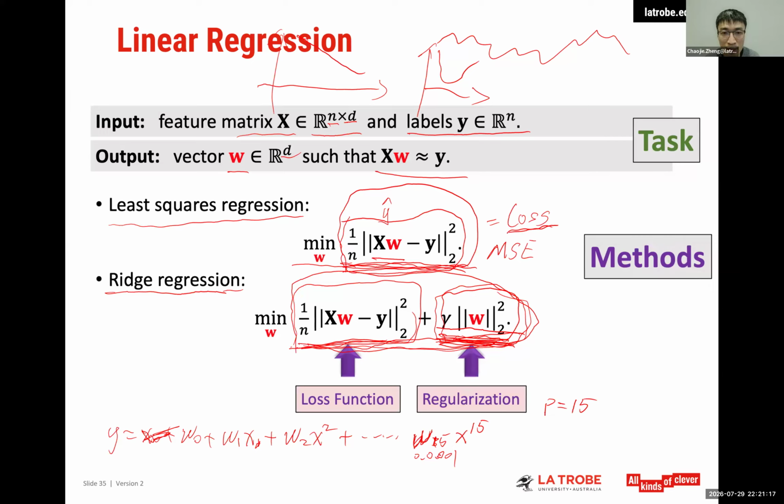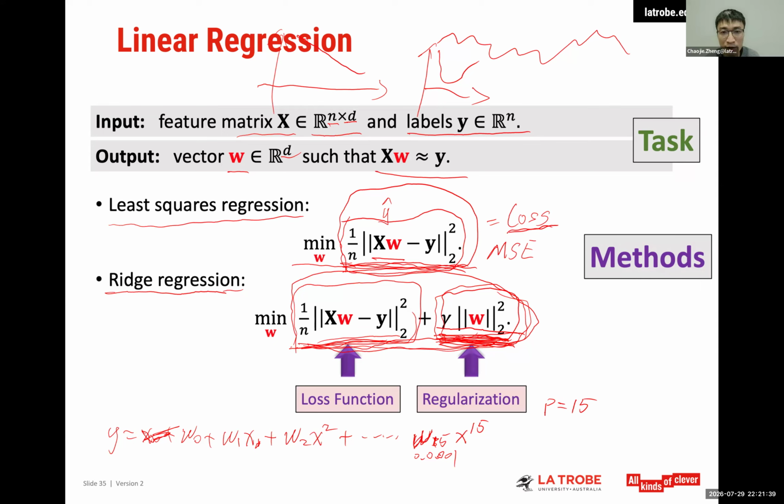So we introduce this regularization term, and we want to minimize this regularization term and the loss function term together as an objective function. In this process, this term will result in low weight values, right? That is generally speaking about what the regularization term is doing.